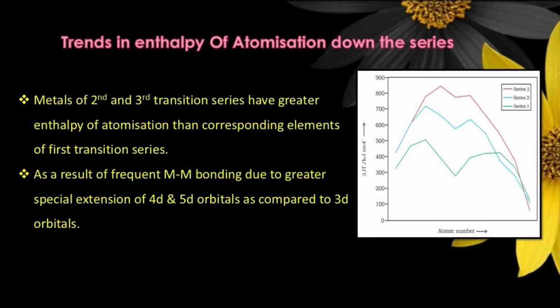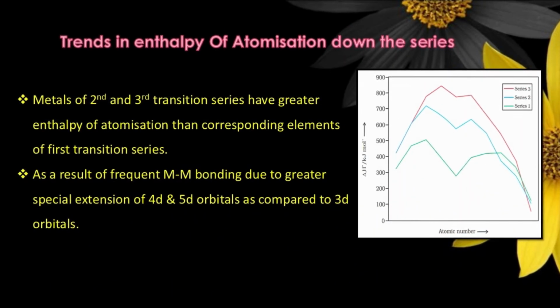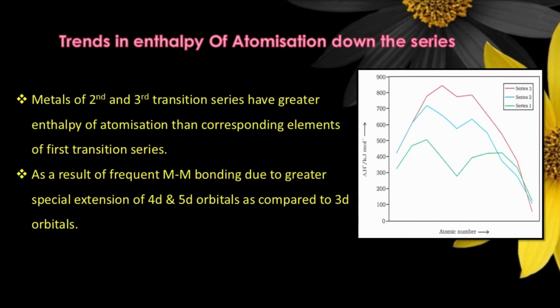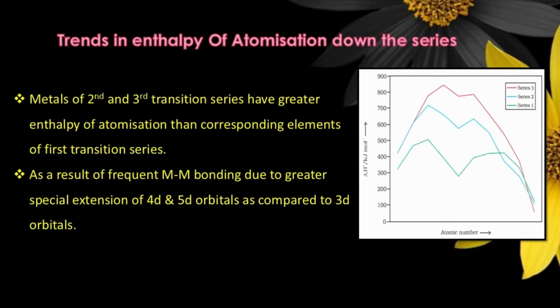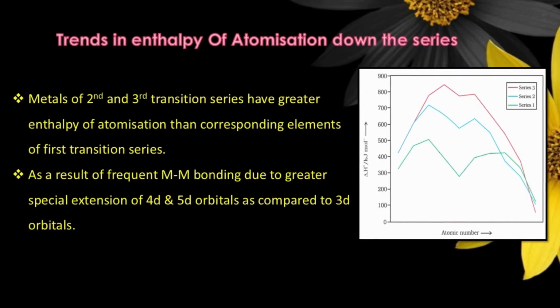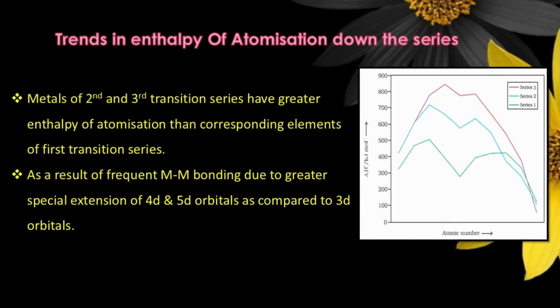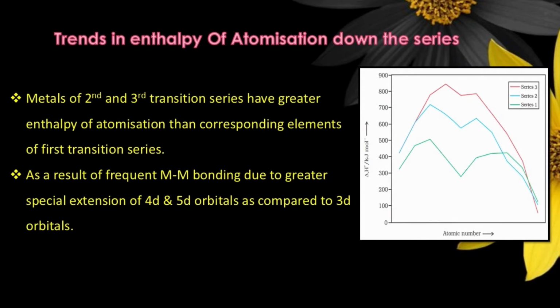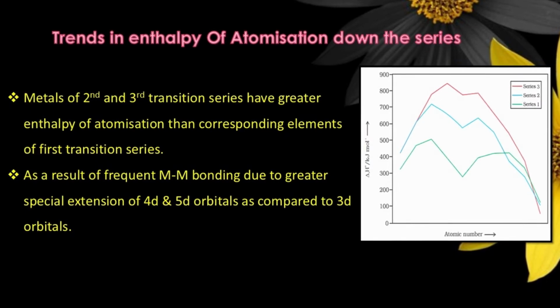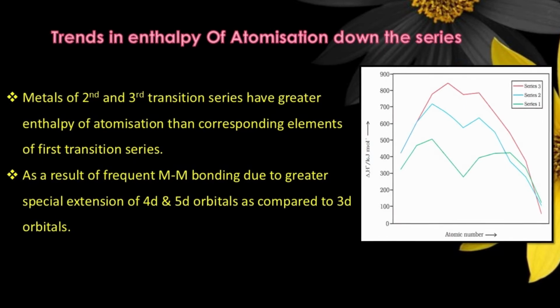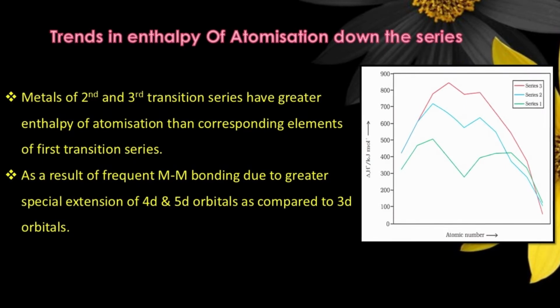Now let's see what happens to the enthalpy of atomization as we move down the series. From the graph you can see 3D series are having lower enthalpy of atomization than the 4D series and 5D series.